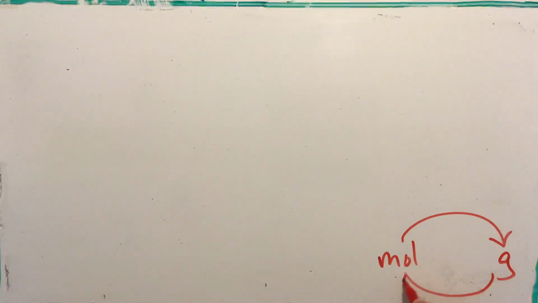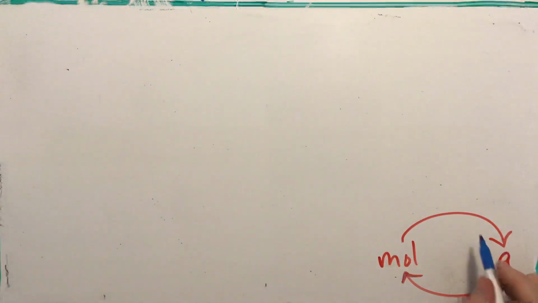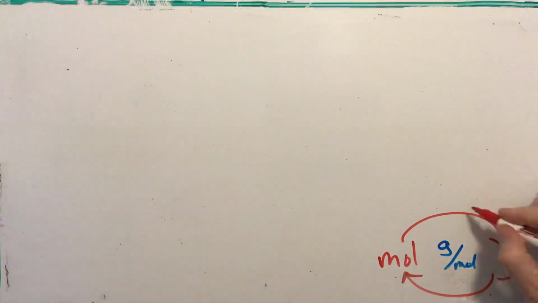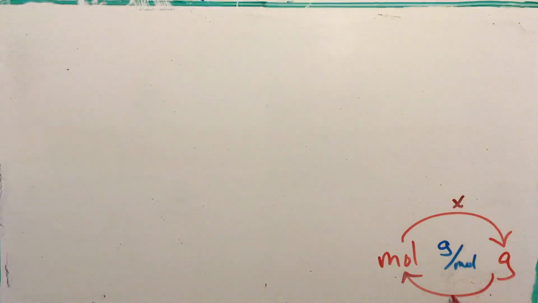We'll go this way and this way, and then we'll have the conversion factor this way. Grams per mole, that's the molar mass. And we know this way is multiply, and this way, I'll put it inside so you can see it, is divide. All right, so I just rewrote that down in the corner because we'll use it for our problems here.